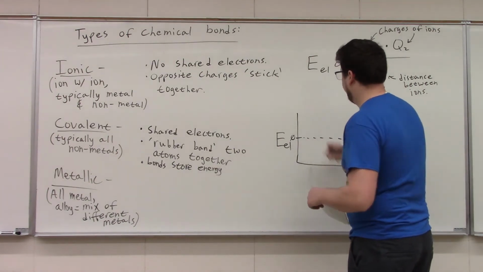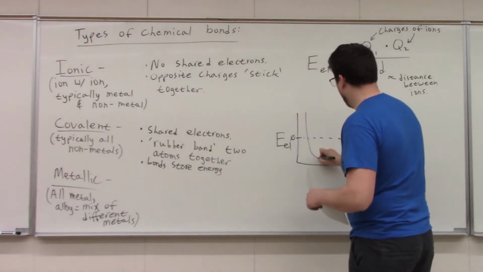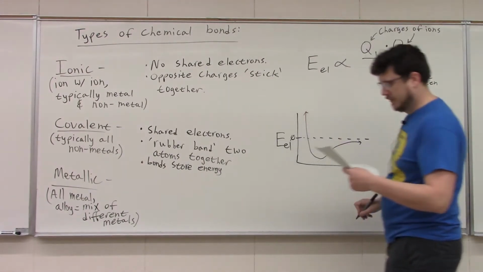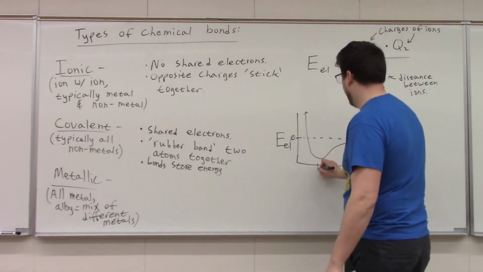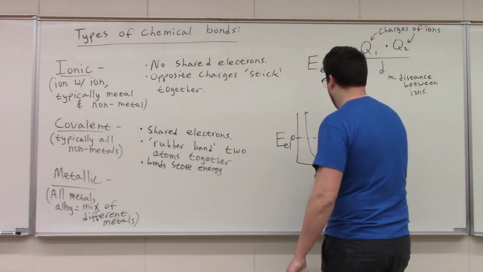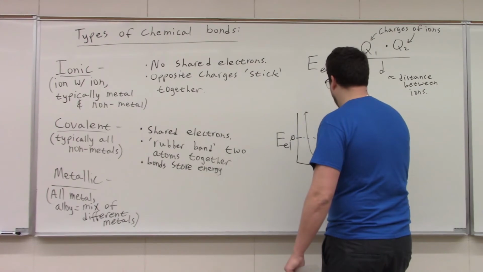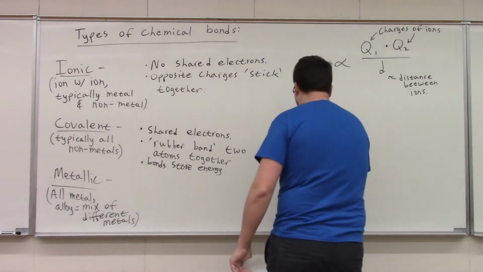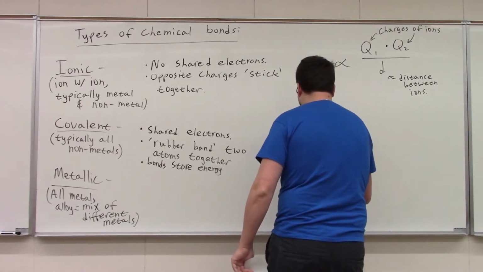We're going to run that out, and it does something like this. At this lowest point, there's always a bowl right here. Right at the bottom of that, that's your average bond length, because our x-axis is our internuclear distance.